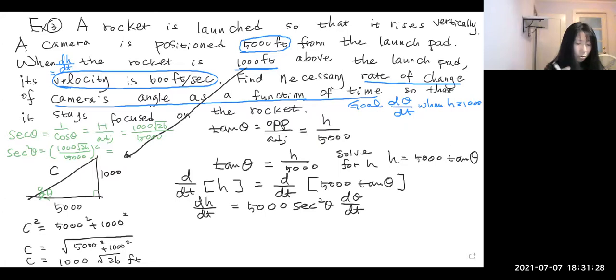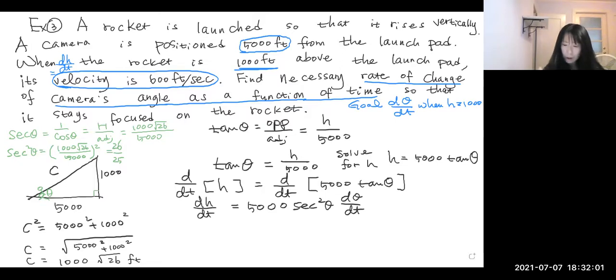Then 1/5 squared, then 25. Then there is the 26, right? So we get 26 over 25, right? Okay. Correct, right? Okay. So we did that. So let us write down everything.